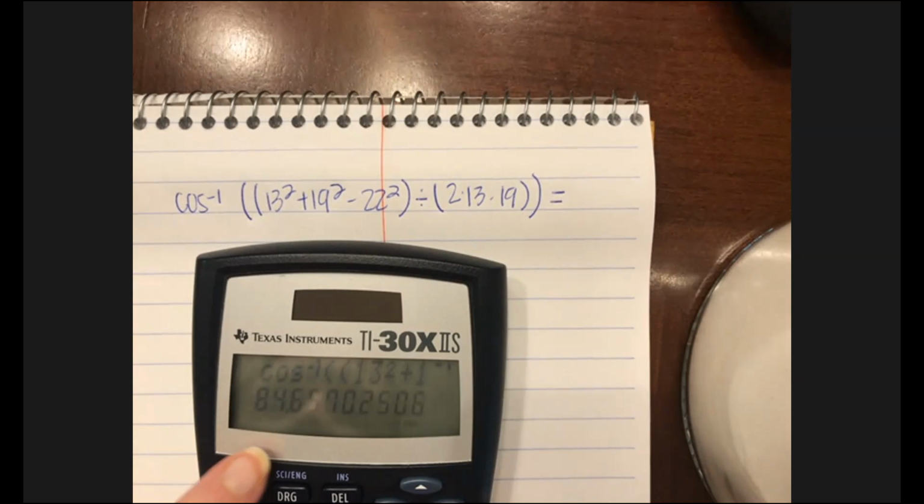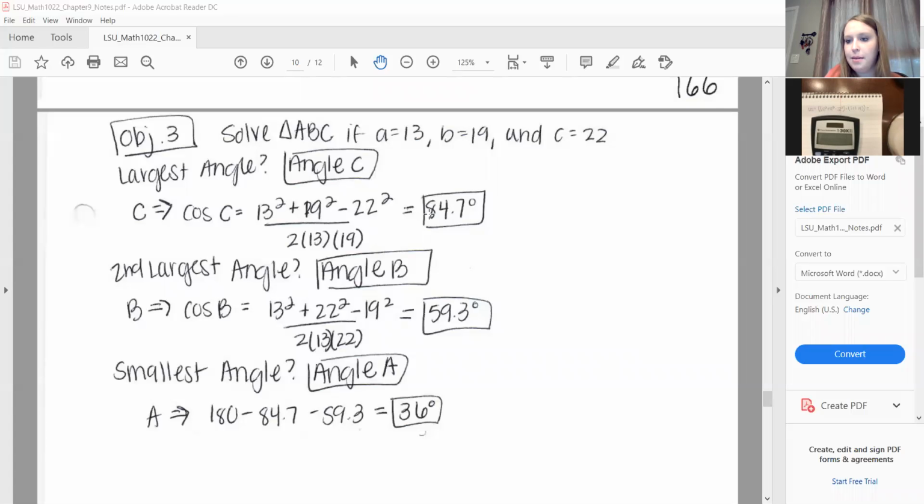And you see I get 84.6 something, and rounded would be 84.7. So let me go back to screen share for you guys. And you can see we rounded that up to 84.7. So that's how you enter it in the calculator.